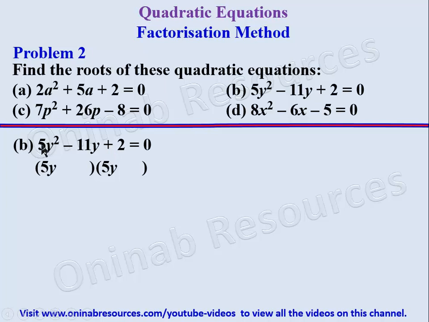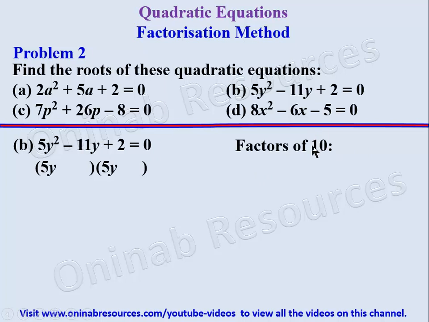We are looking for the coefficient of y squared, which is 5, multiplied by 2, which is the constant, will give us a 10. We now look for two factors of 10, and the sum we are looking for is negative 11. We are going to have both factors negative.